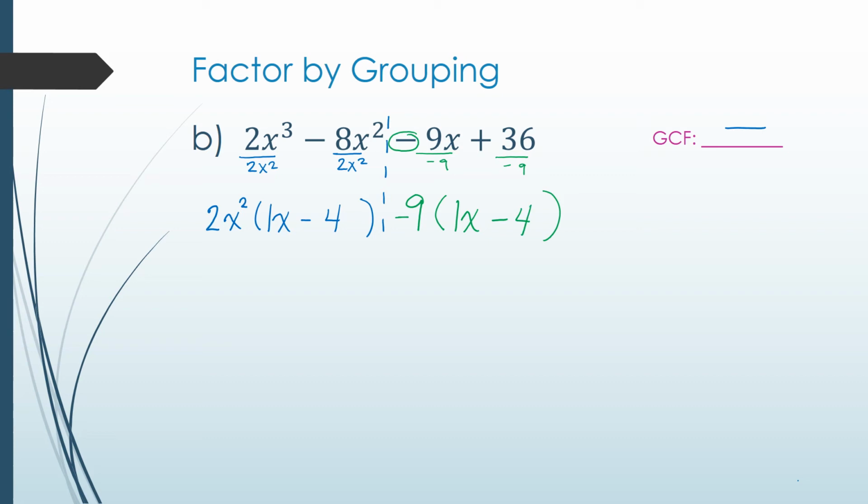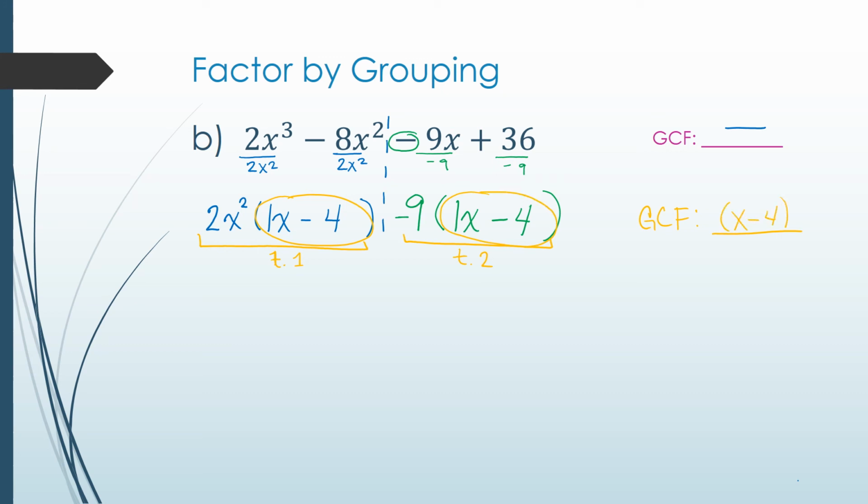Now, looking at our two terms, we have term 1 and we have term 2. Looking at our two terms, do we have anything in common? Is there a common factor that appears in both of them? And hopefully you notice there's an x minus 4 and an x minus 4.